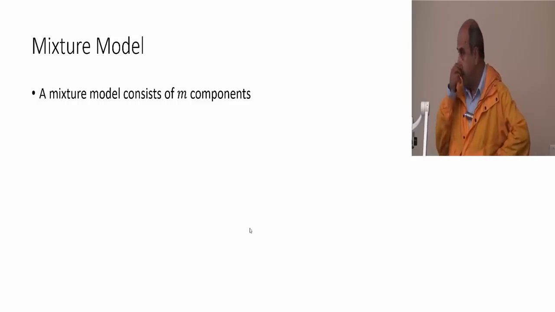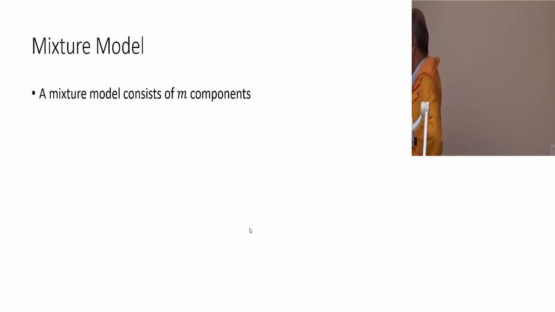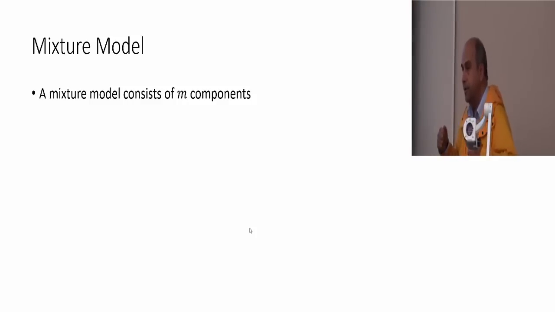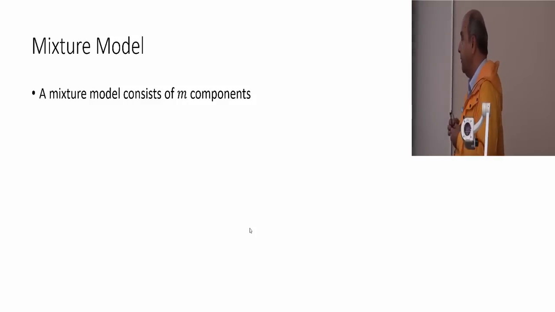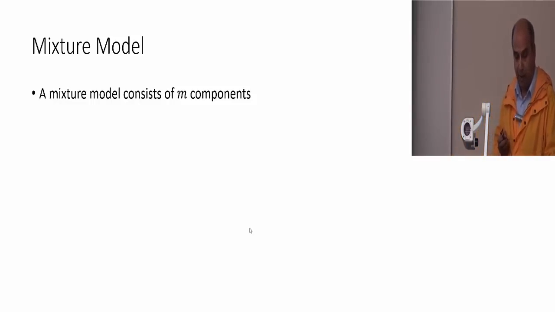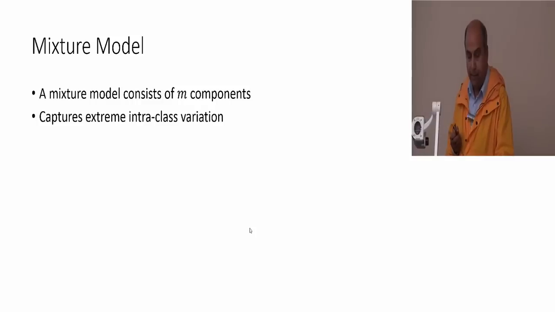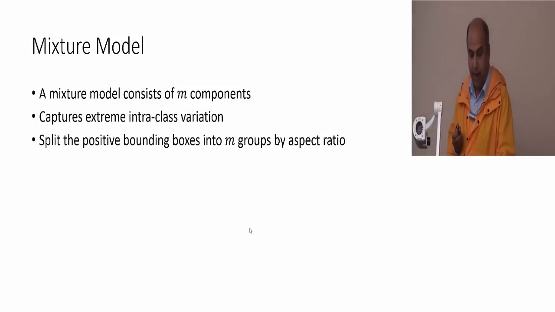The other thing, as we mentioned earlier, is that one person is standing and another person is sitting like that, so it will be difficult to come up with one model which will capture that. That's why they introduced the mixture model, which can have many components and capture extreme intra-class variations. So we will take the training examples and split them into different mixtures.